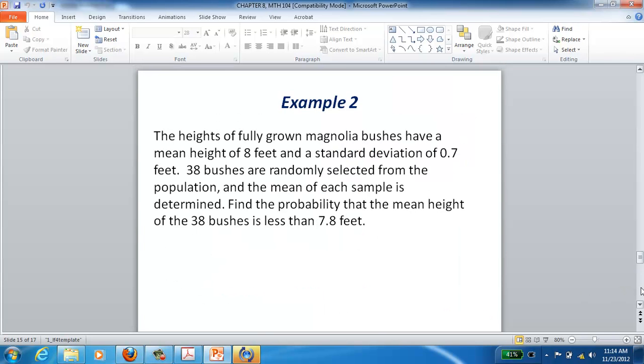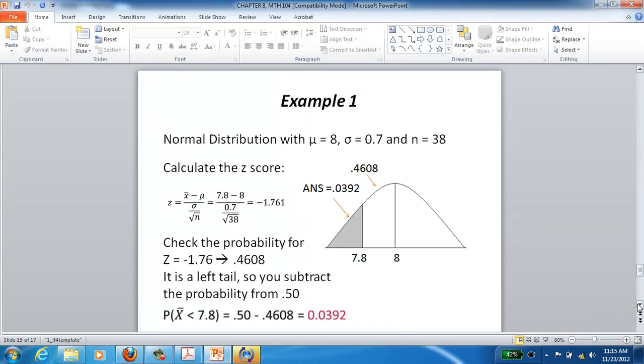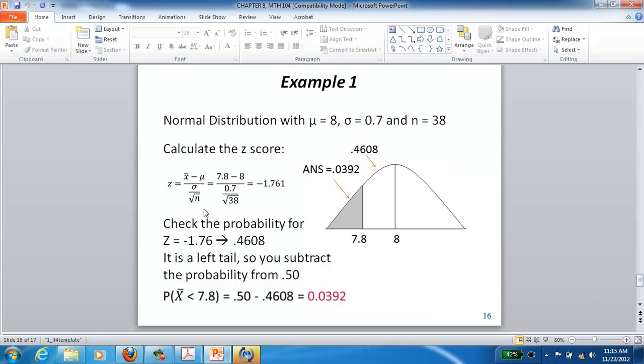Example number 2, we know the mean, it is 8, the standard deviation is 0.7, and we have a sample of 38. So what is the probability that the mean height is less than 7.8? Again, we calculate the z-score. The z-score is negative 1.76: 7.8 minus 8 over 0.7 over square root of 38.